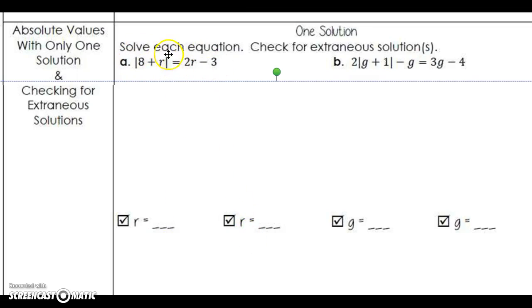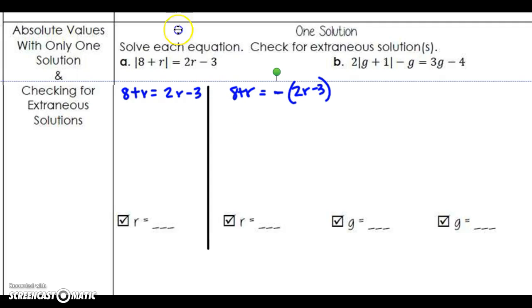So notice that the absolute value is alone, so we can go ahead and set this up with a positive 2r plus 3, which would look like this, and a negative 2r plus 3. Now when you put the negative, it really means the whole right side. So that means we need parentheses so that we get the whole right side negative.